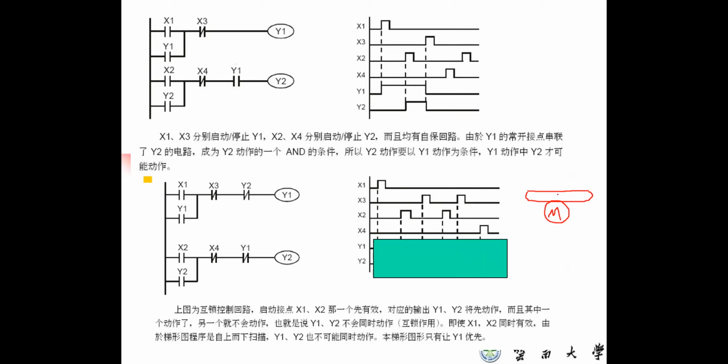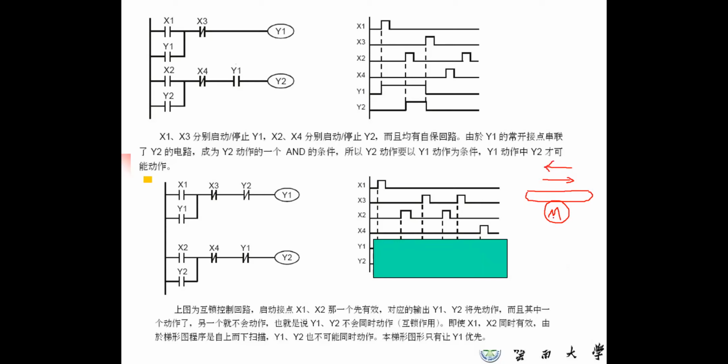This belt can run from left to right or from right to left.